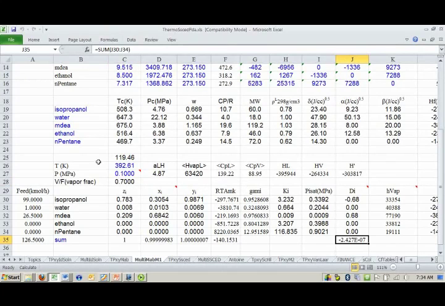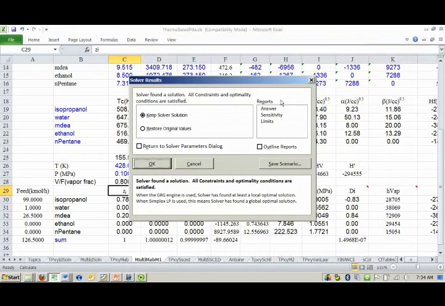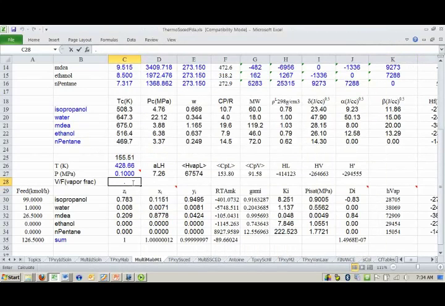And what we see is the temperature goes up as we approach the dew point temperature. So let's go to 0.8. I'm getting more cautious now. 0.9.